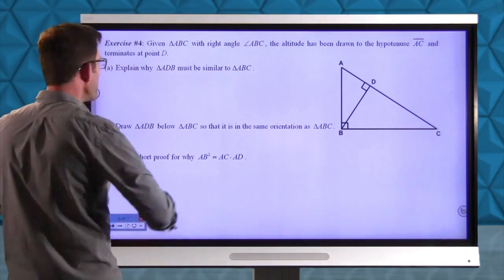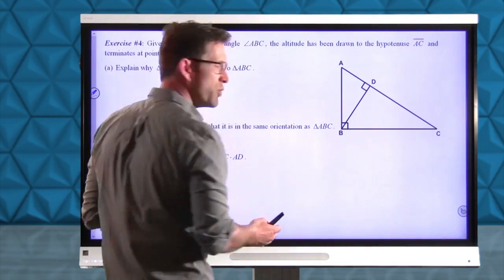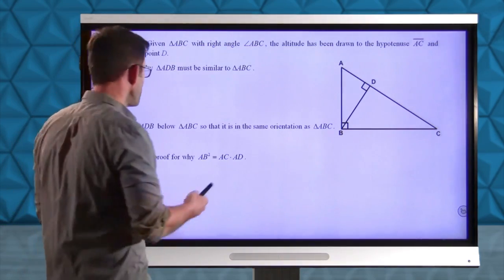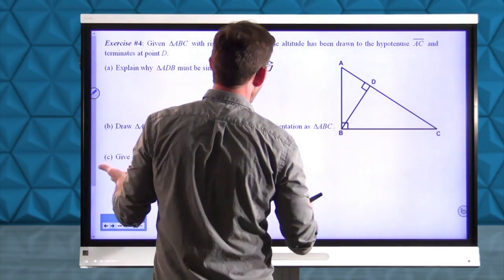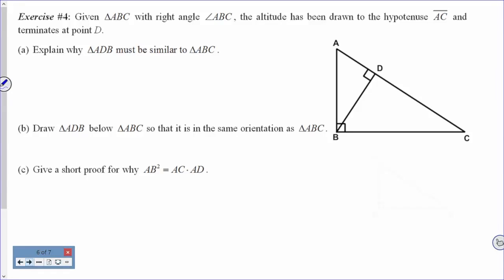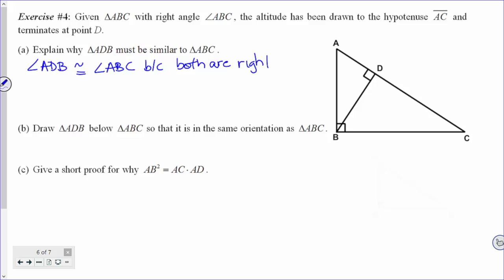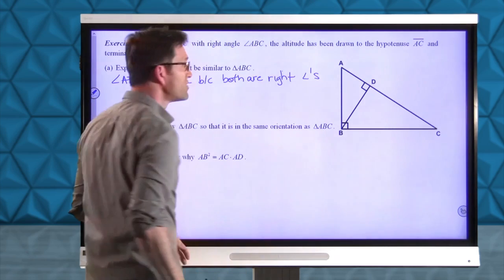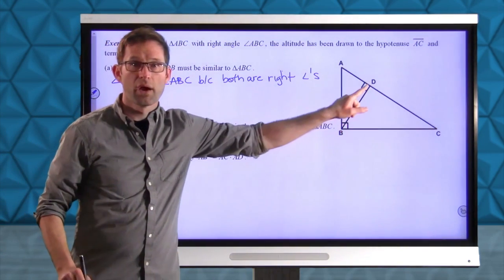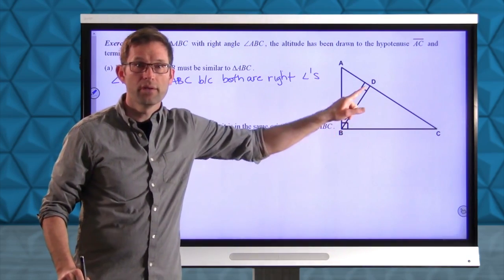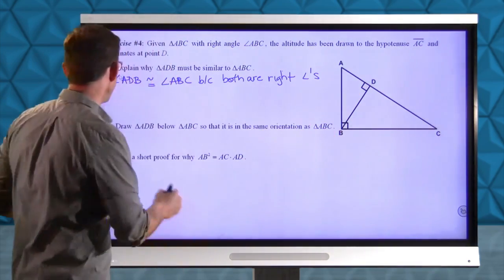Let's take a look. All right. Well, in order to get two triangles similar to each other, what we really want to have is two angle pairs that are congruent. Well, one thing that is certain is that angle ADB is congruent to angle ABC because both are right angles. All right. So we're halfway there, right? We need to get two pairs of angles. Here's pair number 1, all right? But here's the beautiful thing.